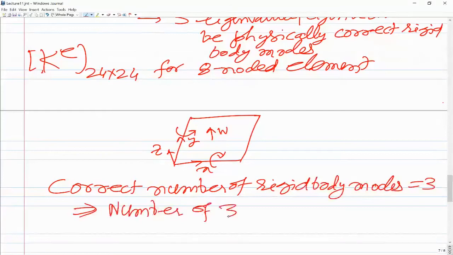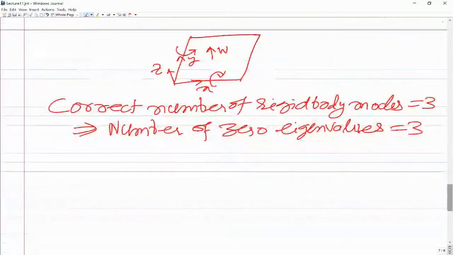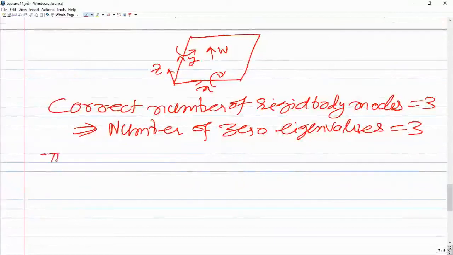These zero eigenvalues correspond to zero strain energy. The 3 zero energy or rigid body modes correspond to translation along z, rotation about the x-axis, and rotation about the y-axis.